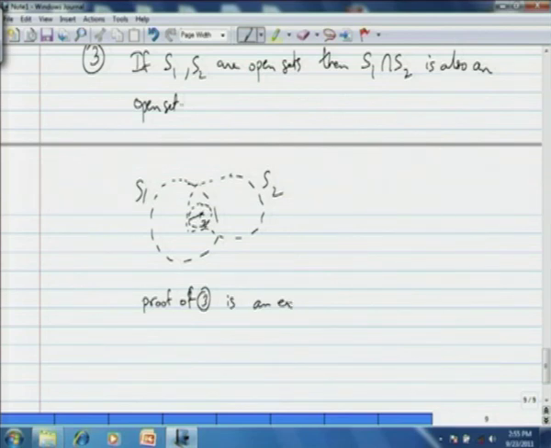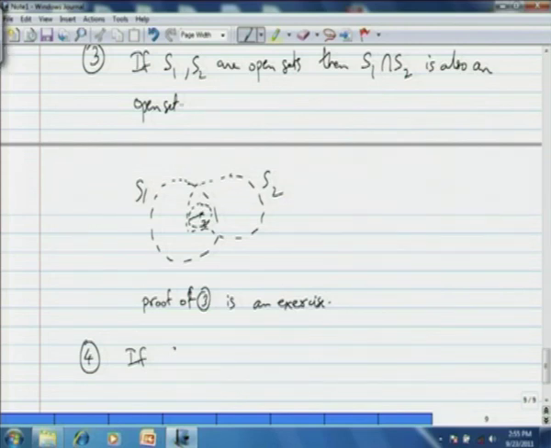An exercise, okay. And likewise, if you have an arbitrary collection of open sets, then their union is also open.